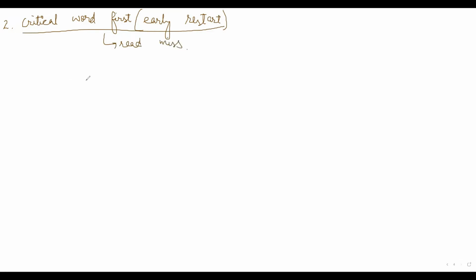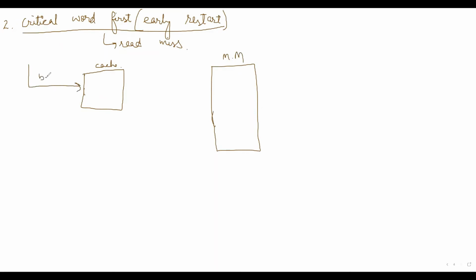Okay, so let's see the scenario. The scenario is, this is cache, this is main memory. Let's suppose processor sends a request for some bytes, let's suppose byte 3 and 4.